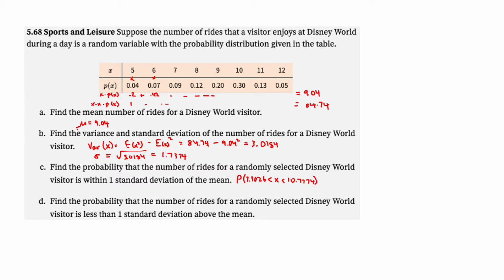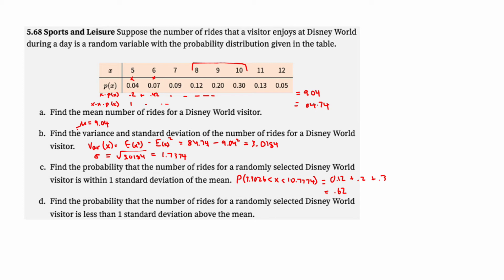Okay, and that's going to get us our range. This is plus and minus 1 standard deviation from the mean. And if we look at the values that actually satisfy this, it's just these 3 here. We're going to add those up, and that equals 0.62. Okay.